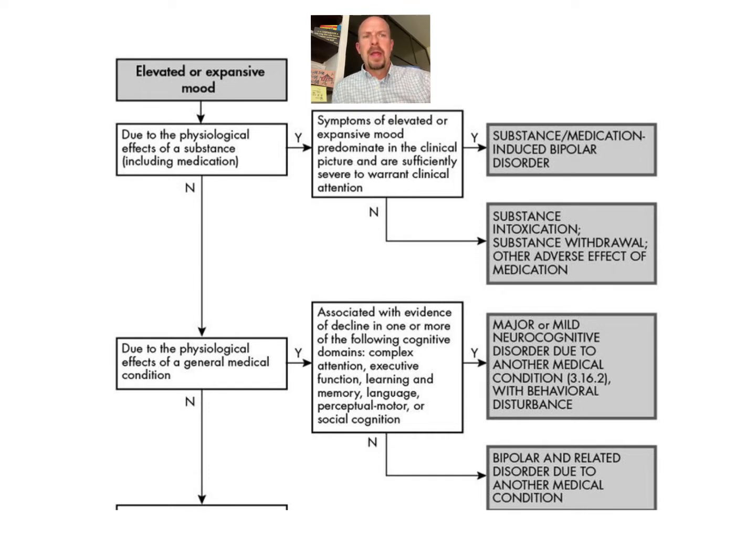So first of all, if we have elevated or expansive mood, we're talking about those who are uncharacteristically behaving in ways that are similar to grandiosity, an inflated sense of self. They're overly happy, overly charismatic, usually talking pressured or quickly.